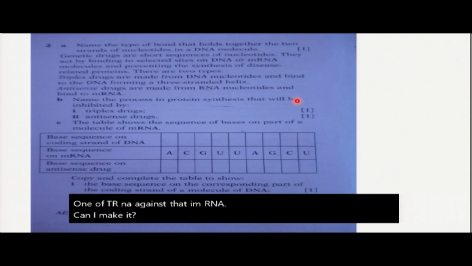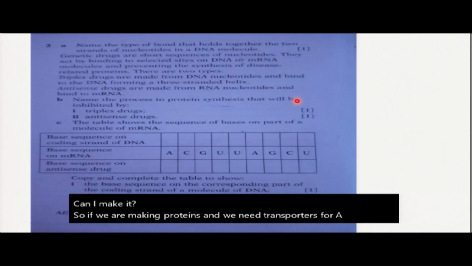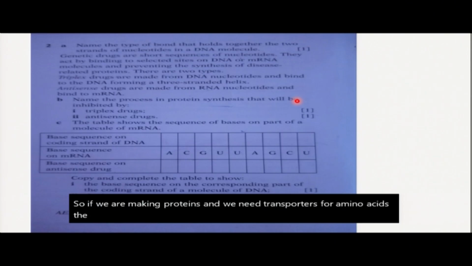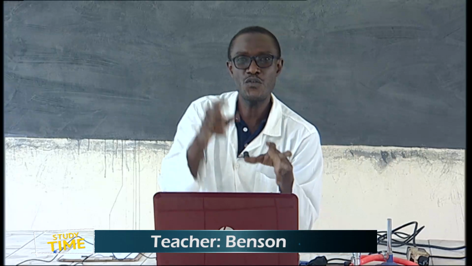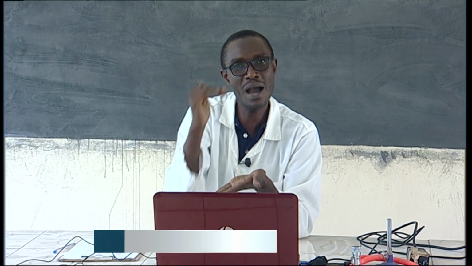So if we are making proteins and we need transporters for amino acids, the tRNA, it means, therefore, that if I'm to have a drug that is supposed to stop the mRNA message being read as a wrong gene, what does this tell me?